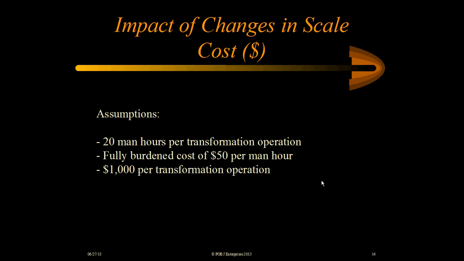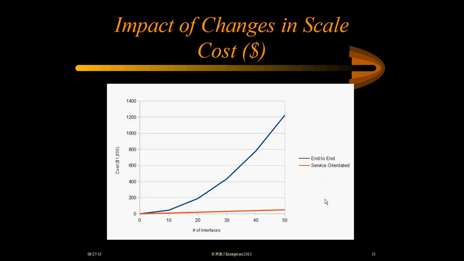And a fully burdened cost of $50 per man hour. That results in $1,000 per transformation operation. So again, we can see where we're spending significant amounts of money in end-to-end versus the amount you have to spend for service-oriented.